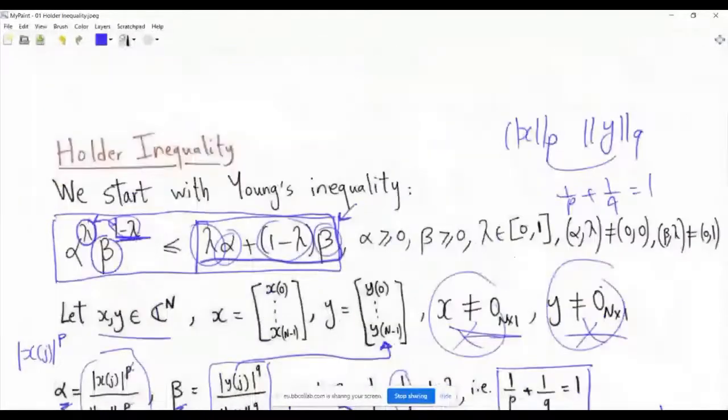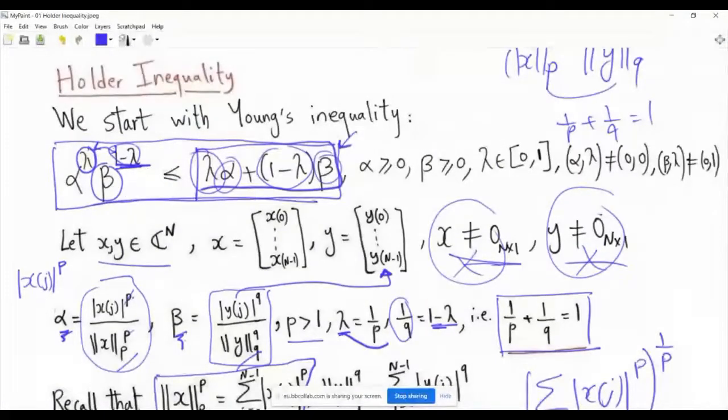And so basically you can show that this inequality is true as an equality, given some condition, and this is explained in detail in the notes.